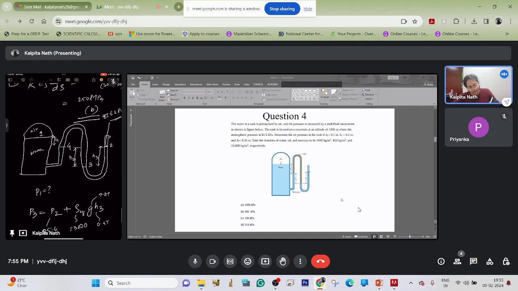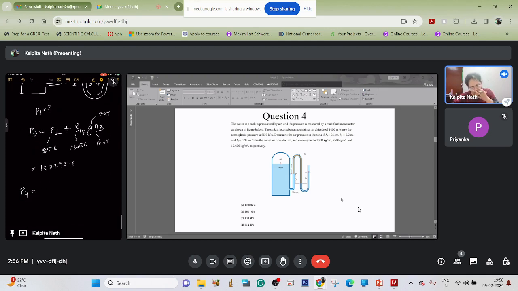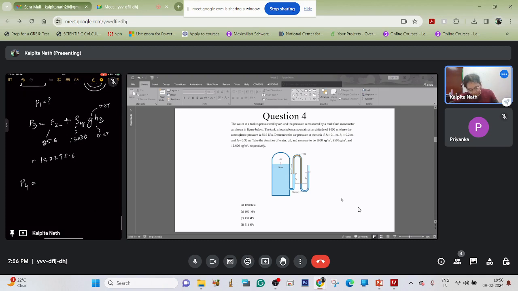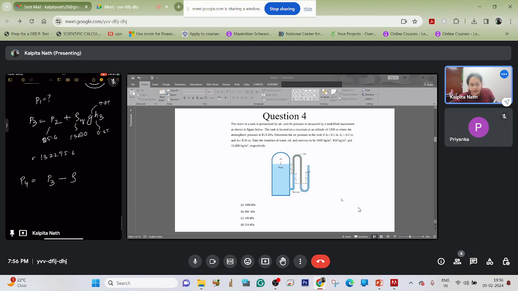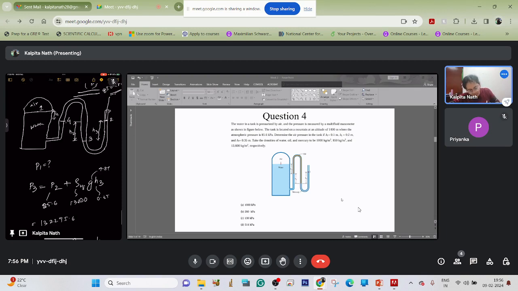Now we'll go for P4. P4 is above P3, so we'll just minus. The hydrostatic height will get negated. So P3 minus rho, here it is oil, right? Oil g h2.